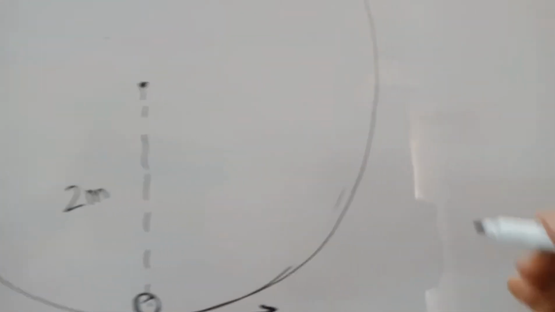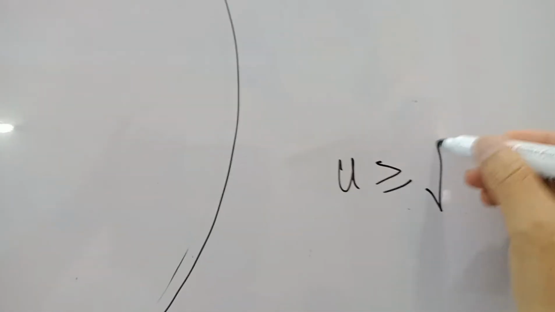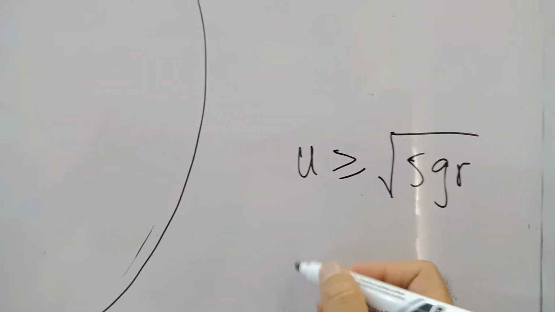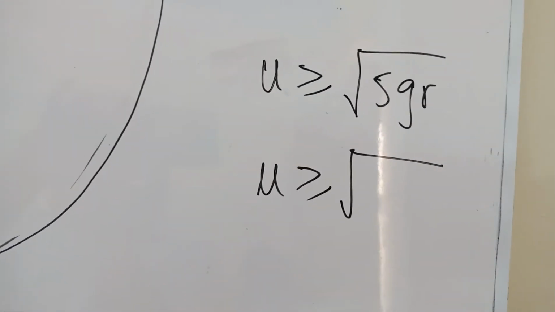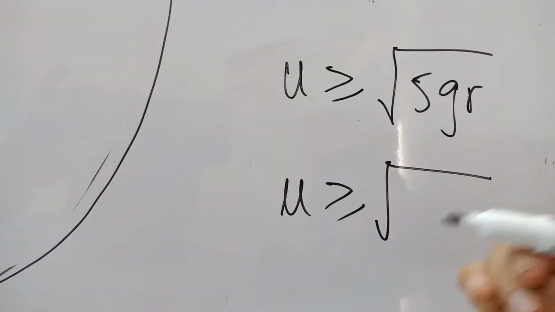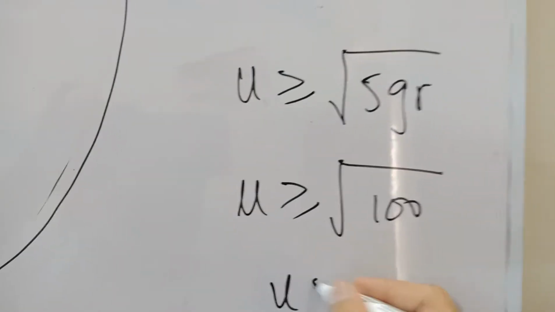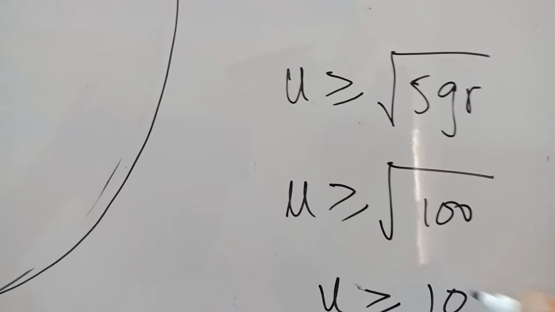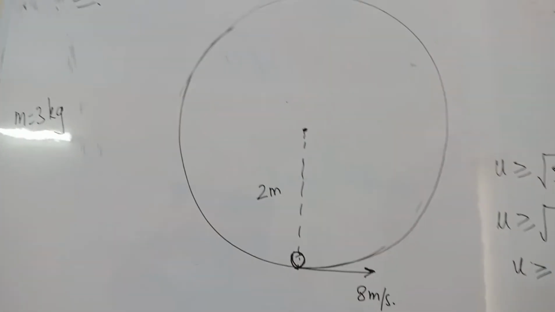If you recall, the condition is that u should be greater than or equal to root 5gr. So right now we have the radius, which is 2 meters. If I use that, 50 into 2 is 100. So if the initial speed is 10 or more than 10, only then this particle completes the circle.